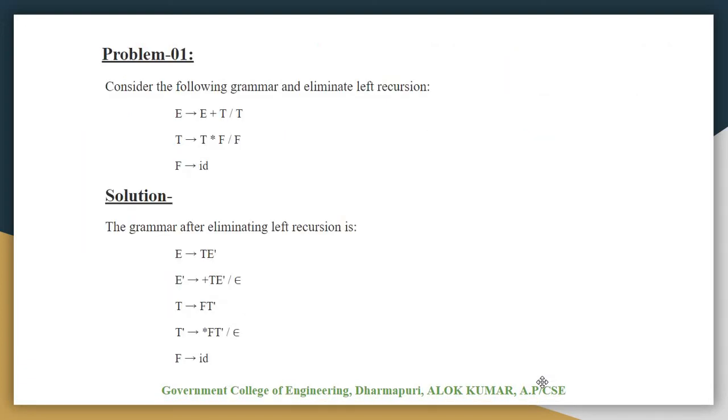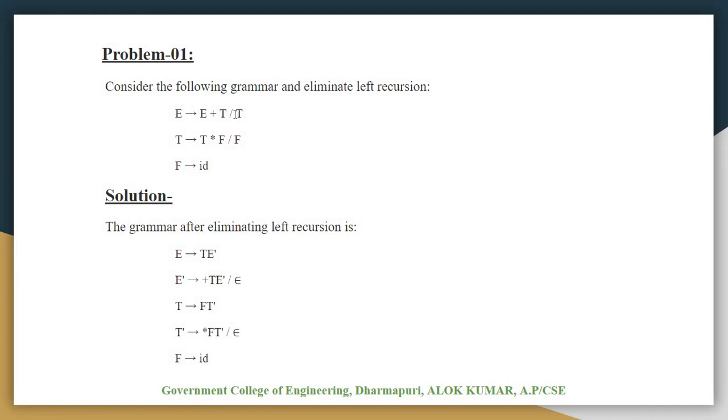Now consider this problem, where these are the production rules. Left recursion is there, because E is generating E, and T is generating T: the first symbol is a non-terminal and the same symbol. We can remove the left recursion like this.